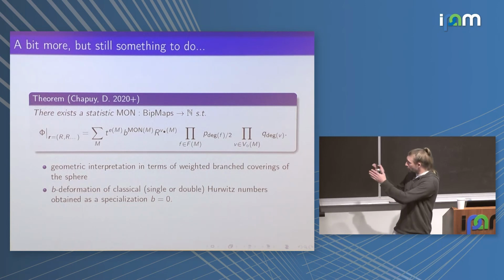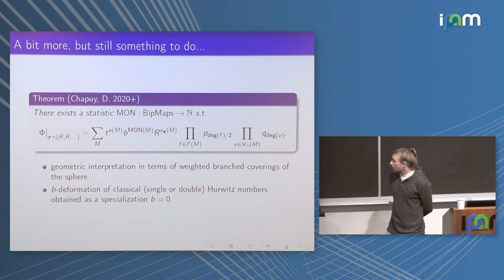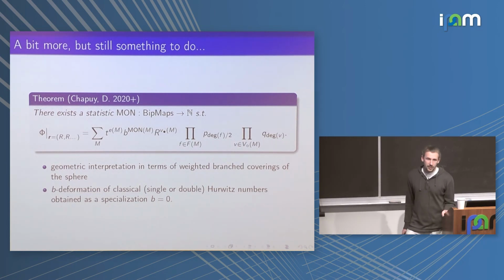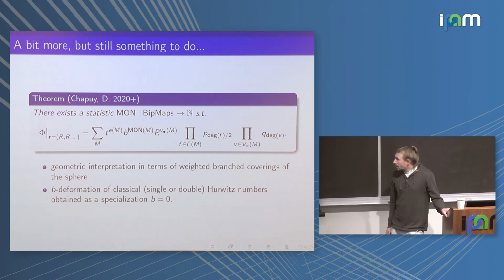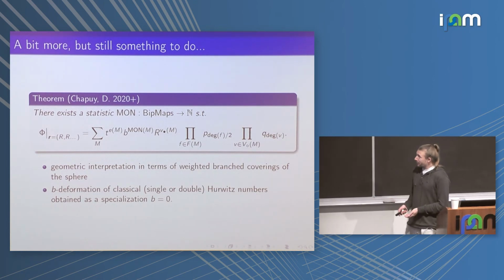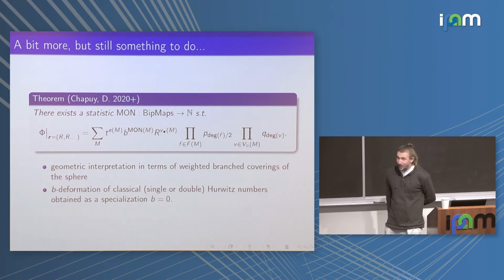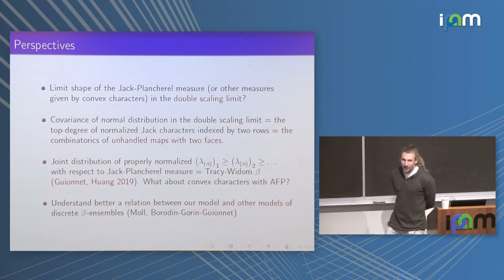For instance, we can also interpret this in terms of branched coverings of the sphere, and it also gives rise to a b-deformation of Hurwitz numbers. Okay, so there is still a lot of things to do. The p-conjecture is not proved fully, so if you have any ideas what to do, please help me.